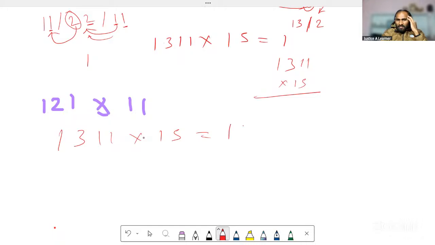So 15 times 1 is 15, and then I know 15 times 3 is 45, so it would be 19, and then 15 times 1 is 15, it would be 45, then 6, and then that is 6, and then there it would be like this. Let me check if I'm doing correct or not. My answer is 19. Yeah, that is correct.